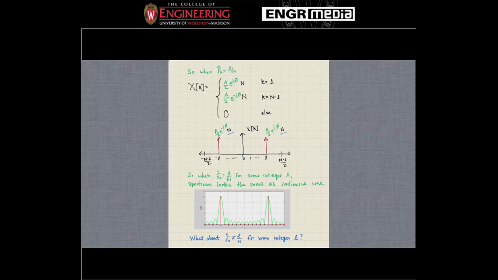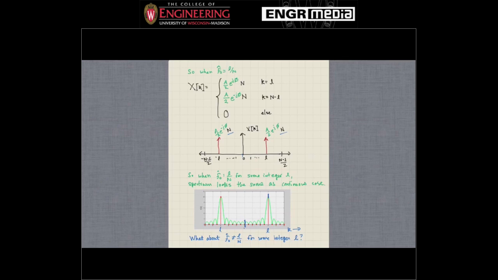All right, so the plot below shows that exact same picture. Here's the value k equals 0, here's the value L, and here's k on this axis.